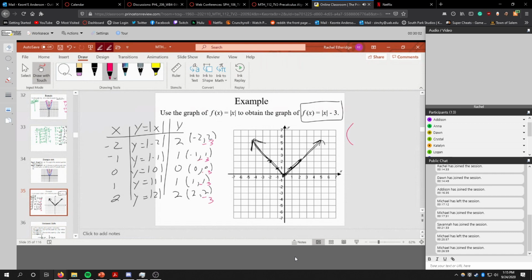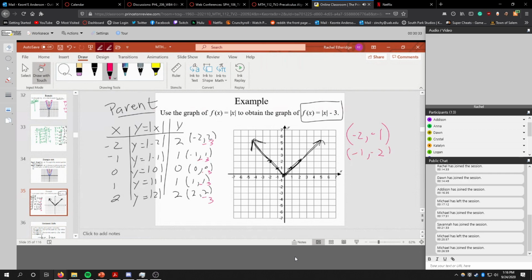So if I take all my y values from the parent, so this is the parent in black, and I subtract 3, my new ordered pair, the x doesn't change. It's going to be -2, -1, -1, -2.